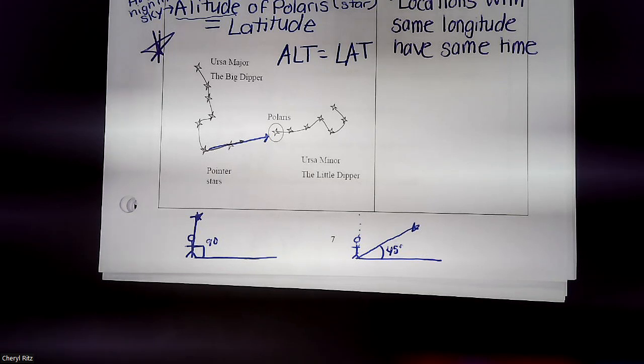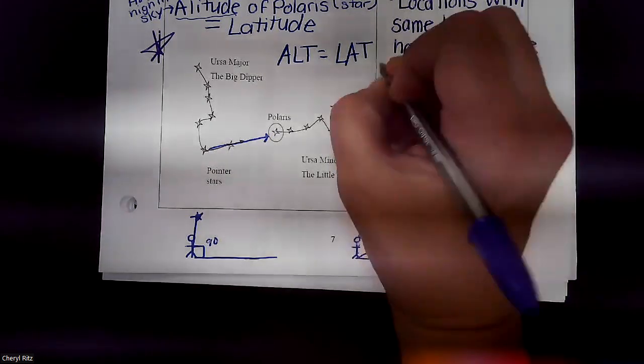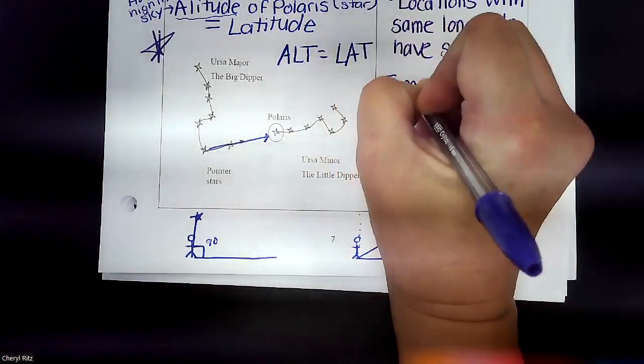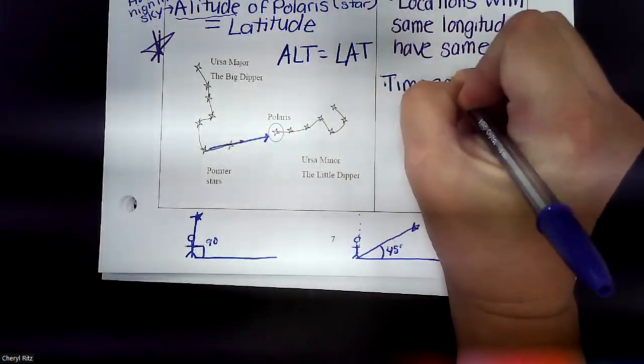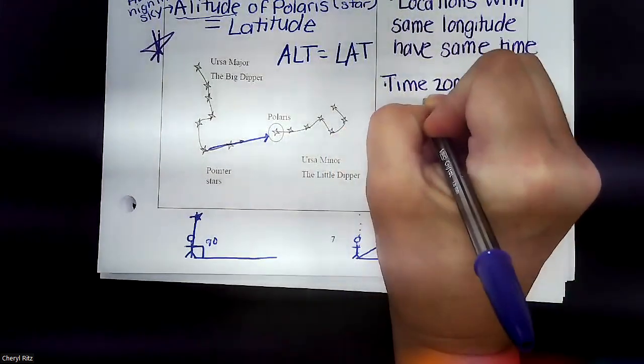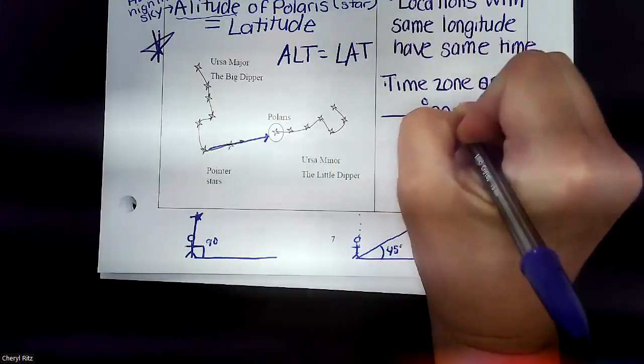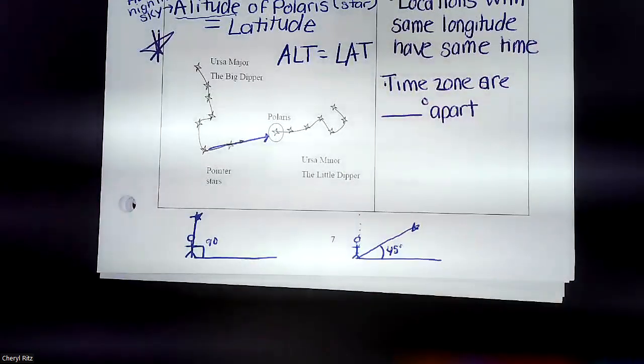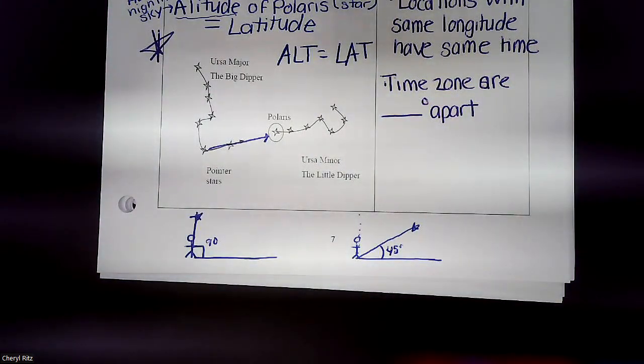Now, here's something you do need to know. If there are 24 time zones, how many degrees apart are they? So I'll put it up here and you can think. Time zones are blank degrees apart. I want to fill in how many degrees those time zones are apart.